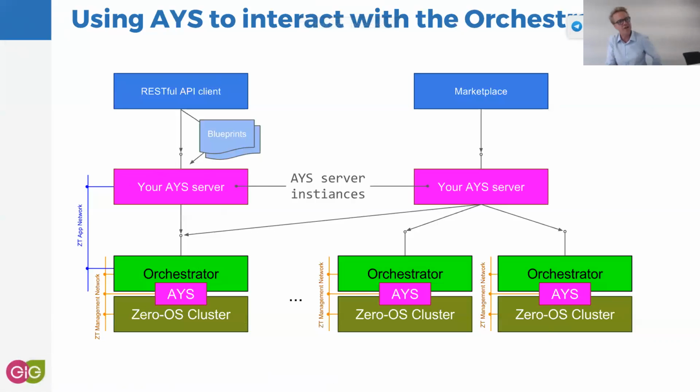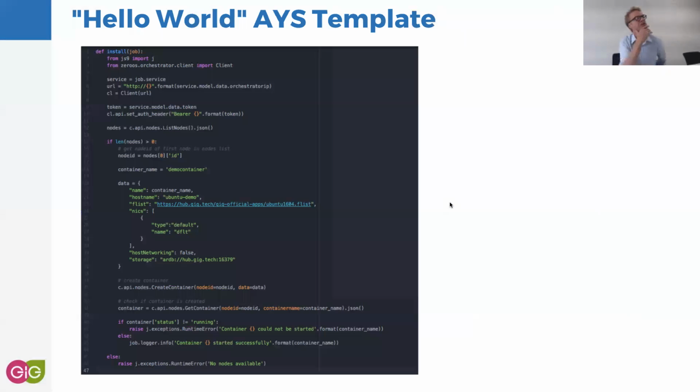But I used this slide the other time just to introduce, and it's in the slides, and I will redo the session as promised, that you can create your own template. And here I created a template which was a little bit more sophisticated. It is a template, and here you see the actions file for interacting with the orchestrator API.